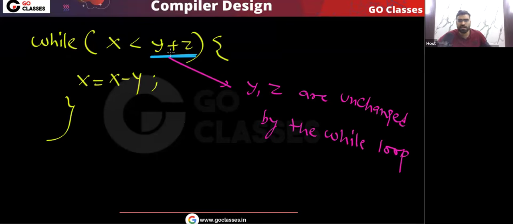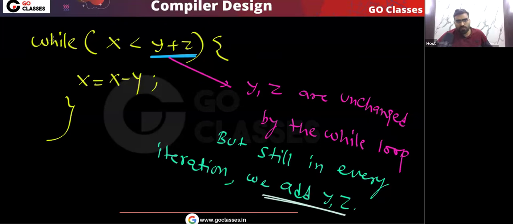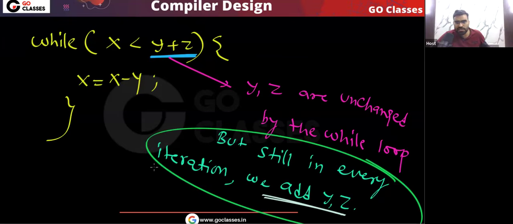But still, in every iteration you are adding y and z. So this addition is taking a lot of time. If this while loop runs, let's assume, 1 million times, then 1 million unnecessary additions will happen. This is unnecessary work.